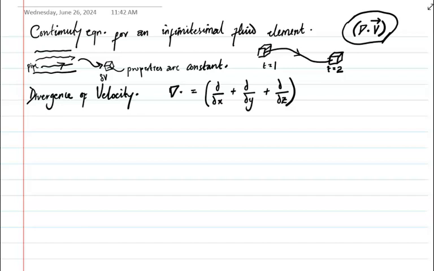Basically it takes in a vector operation. So let's say A, which is a vector, has components Ax, Ay, and Az.